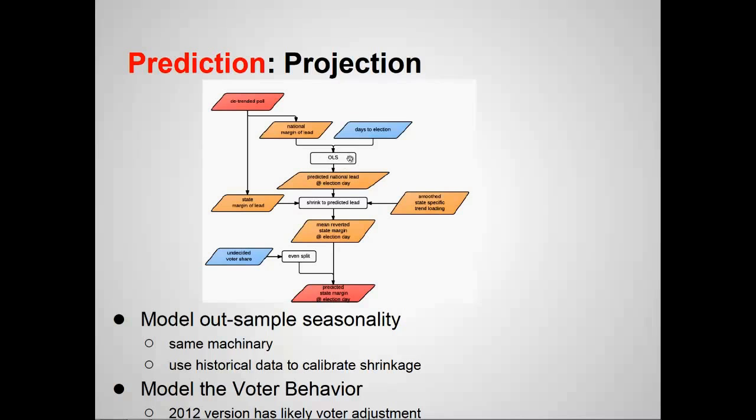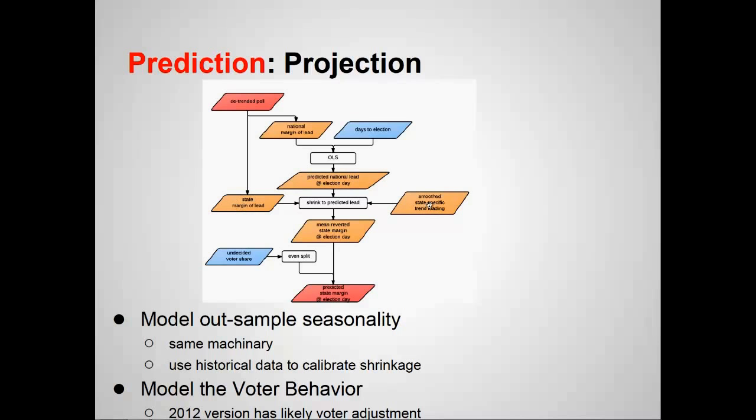So you're using a regression model to get this coefficient. So let's say if the coefficient is 0.5, that means if Obama has a 10 points lead right now, historically at the election day it will only be a 5 points lead. So that's on the national level.